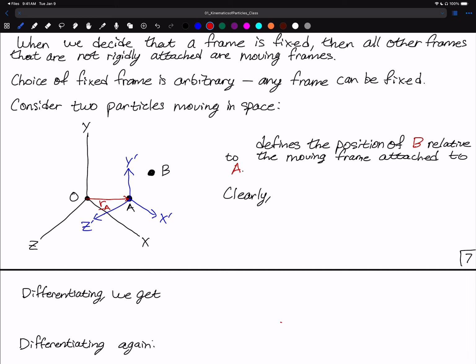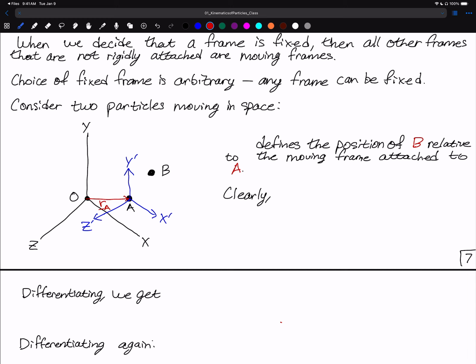Let me try that again. Relative position vector, and we'll call this r_B/A. And so here r_B/A defines the position of B relative to the moving frame that we've attached to A here.